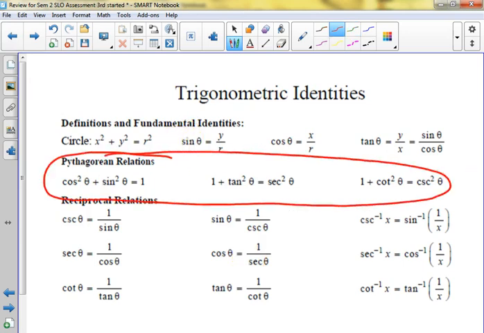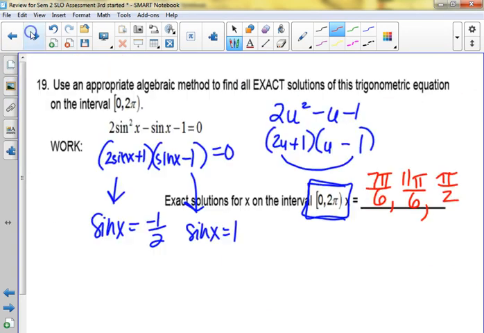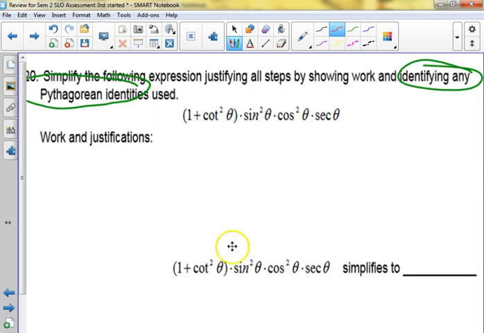We need one of these. Which one do we need? 1 plus cotangent squared equals cosecant squared. Is that what we need? Right here, the one we need is 1 plus cotangent squared equals cosecant squared.